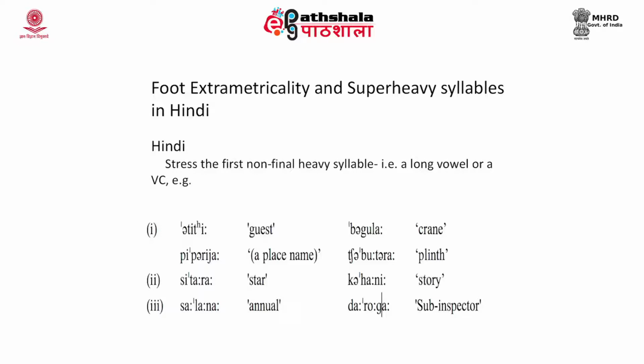We have examples of foot extrametricality in some of these Indo-Aryan Indic languages. We have some examples from Hindi on the screen. The rule for stress in Hindi is to stress the first non-final heavy syllable. That's a long vowel or a VC, vowel consonant.